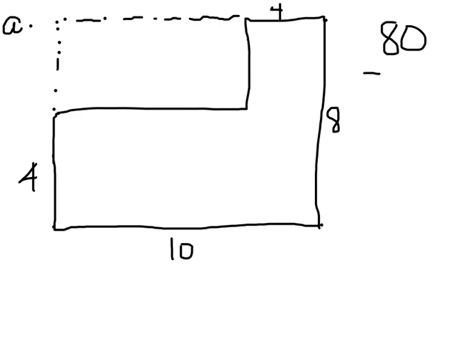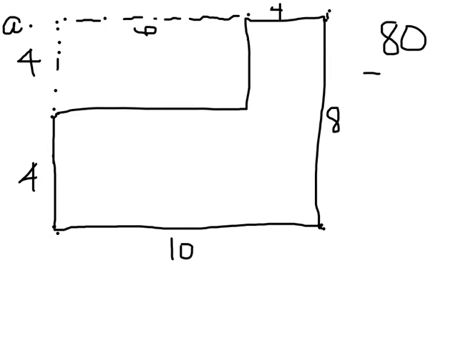But we're going to have to subtract out this part here that's not here. If I know that from top to bottom is 8 and from bottom to right here is 4, then I know that this must also be 4. And by the same token, if I know that from side to side is 10, and of that 10, this much is 4, then I know that this must be 6, right here.